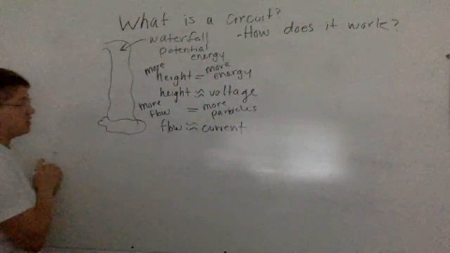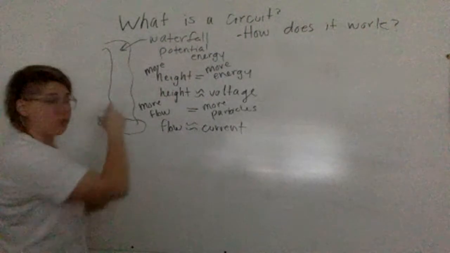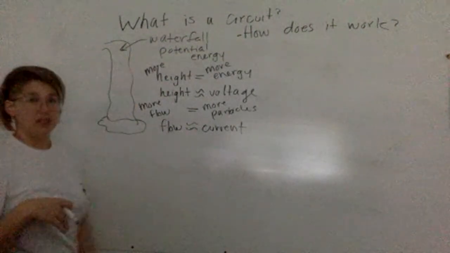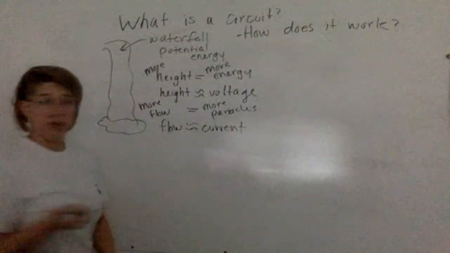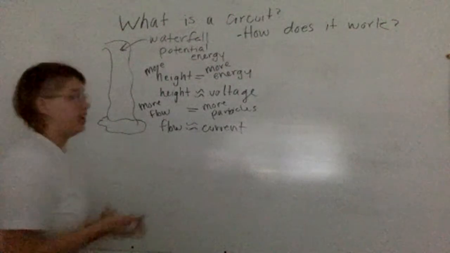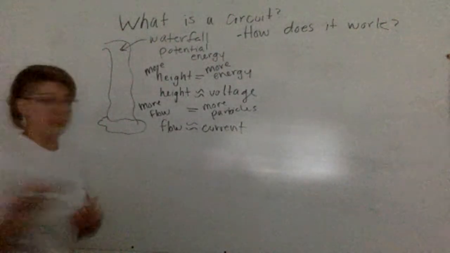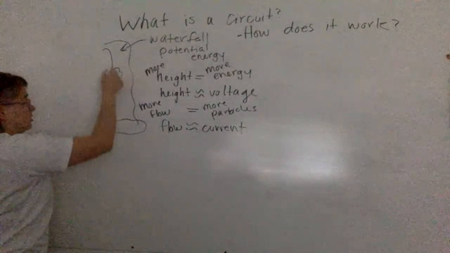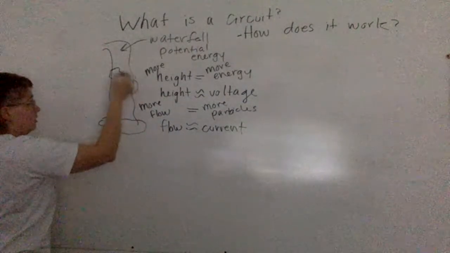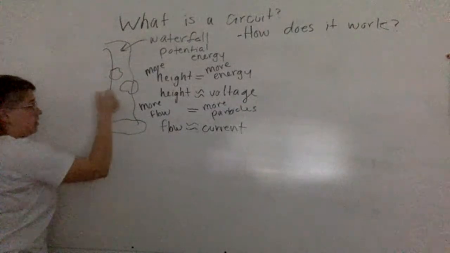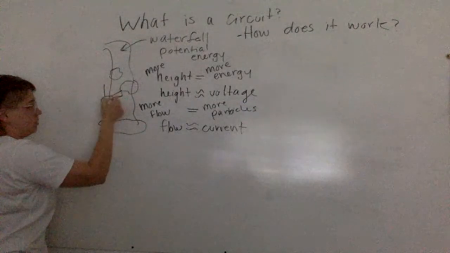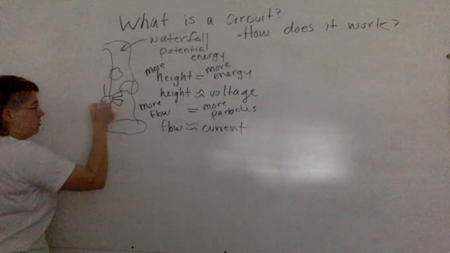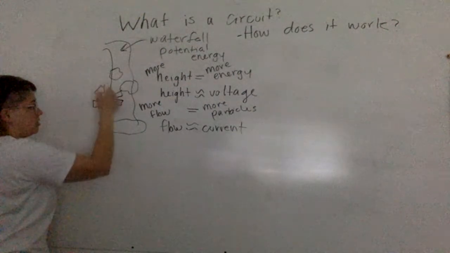The last piece of this is resistance, and we can add that right here. There's really no resistance; it just gets to fall. But you could add water turbines into this, or paddle wheels, or rocks. And so as you add rocks and terribly drawn paddle wheels, use your imagination, people.